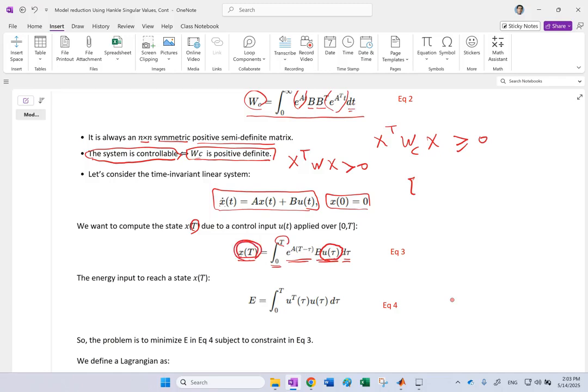Now, what's my goal here? As I said, the goal is to minimize the energy. So how much energy do I need for the system? What we call the control effort. So the control effort is the magnitude of U, or U transpose U, over that entire time. This is the energy you need through the input to put into the system to go to x of t. Good? So now what's the goal?